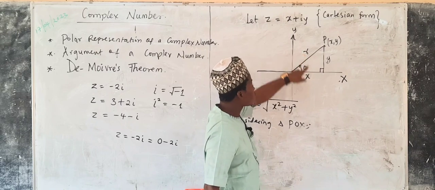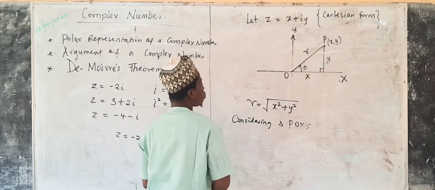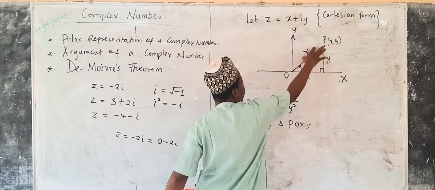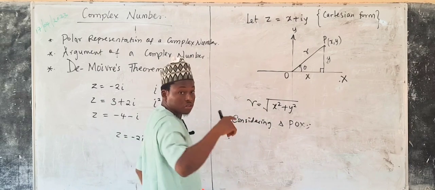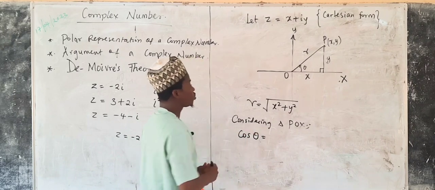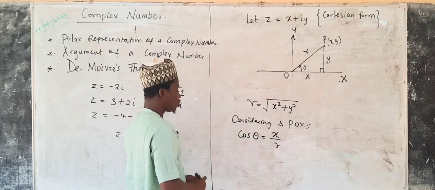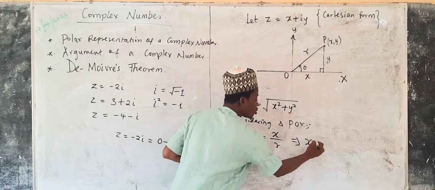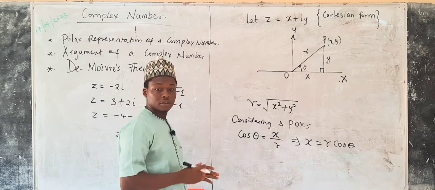So we'll use r to find our x, and we'll use r to find our y. Considering this side, it is adjacent over hypotenuse, so that is cos. Cos theta equals x over r. Cross multiplying, we have that x is equal to r cos theta.